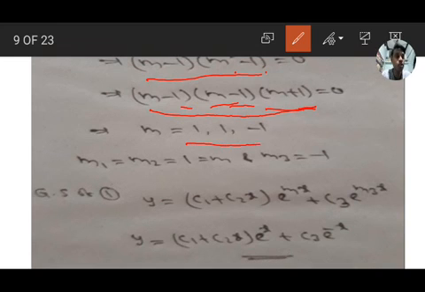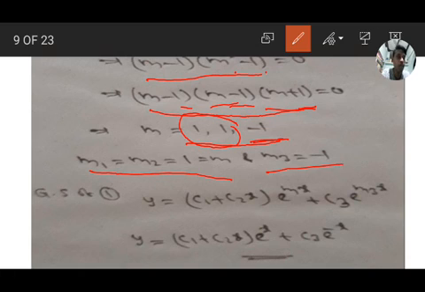Three values, since a third order equation has 3 values. In this we are getting 2 values that are real and equal. The remaining one is real and different. So the general solution of equation 1 is y equal to c1 plus c2 x, e to the power of m x, plus c3 into e to the power of m3x.